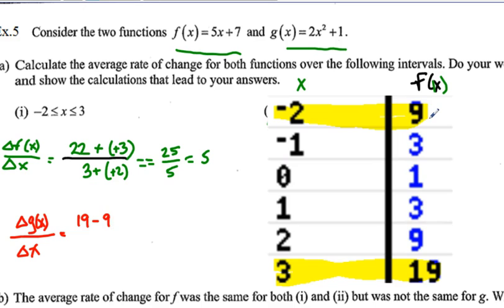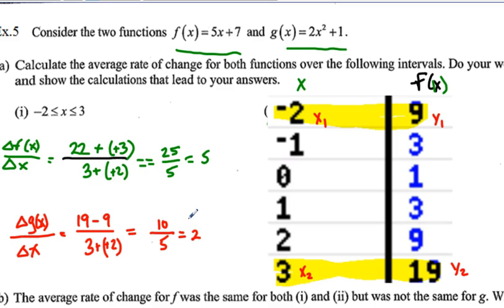So this is like my y1, y2, x1, and x2, if you like that. Back when we found slope, it was change in y over change in x, rise over run. And 3 minus -2 comes out the same as before. I have to be careful with my negatives, but I can make it easy by making it plus plus. 10 over 5 is 2.